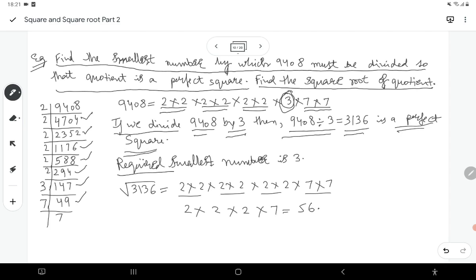So the required smallest number by which 9408 must be divided to make it a perfect square is 3, and we are asked to find the square root of 3136. So it would be 2 multiplied by 2 multiplied by 2 multiplied by 7, which comes out to be 56, by finding the pairs.